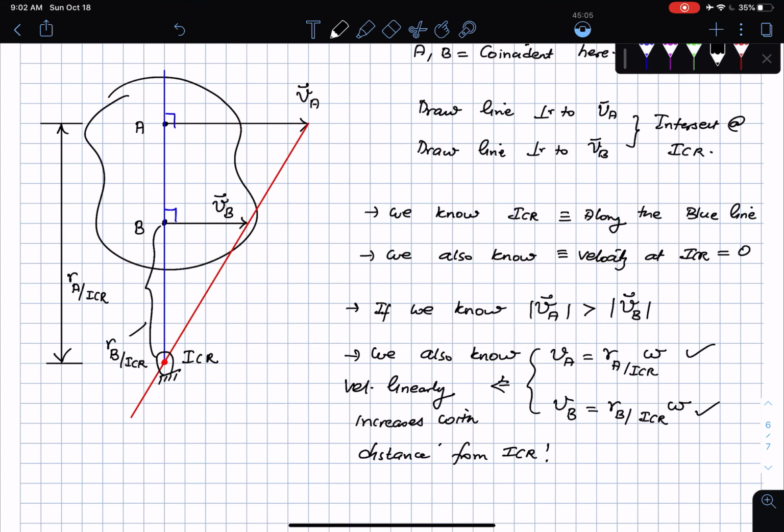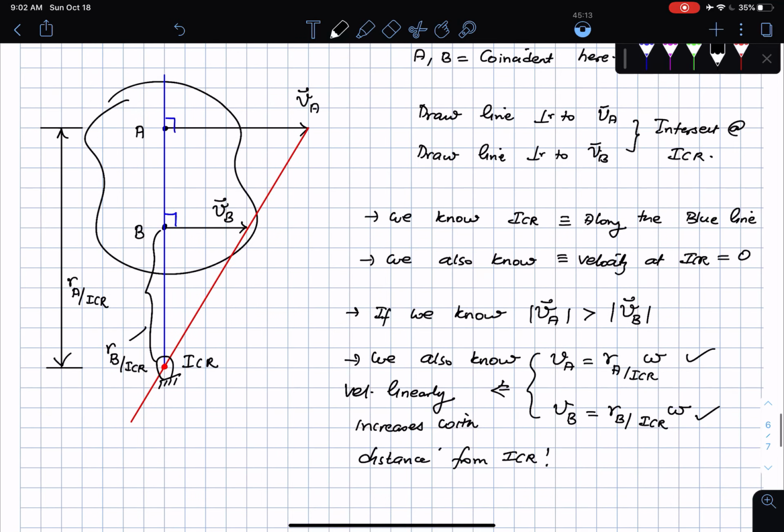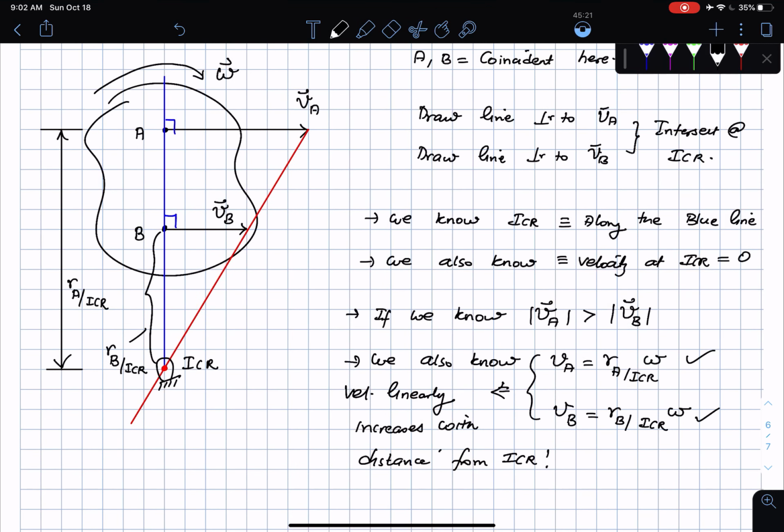And if this is indeed the case, then I know what the angular velocity is going to be. Angular velocity is going to be VA divided by R A/ICR. If I use the right hand rule, I can figure out that the angular velocity has to be this way. So this is one situation.